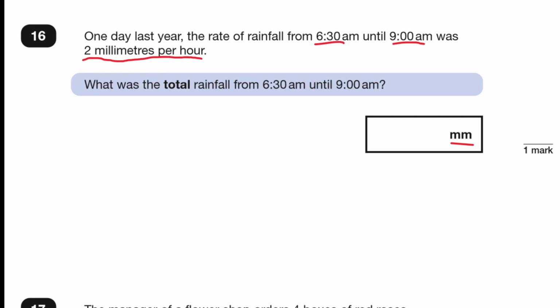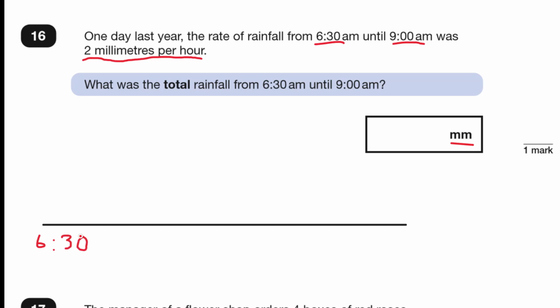Now, I would use a number line for this. You don't have to use a number line, but this is what I would do. I'll just quickly write my times in. So 6:30 until 9, and 2 millimeters per hour. So we could actually go and plot this now.